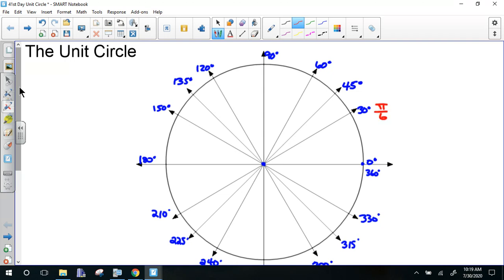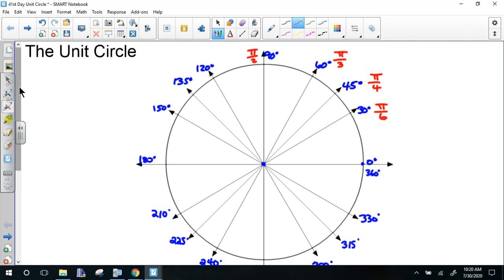So this is pi over 6. 45 times pi over 180. 45 over 180 reduces to pi over 4. It's 1/4. 60 is 1/3 of 180. 90 is 1/2 of 180.